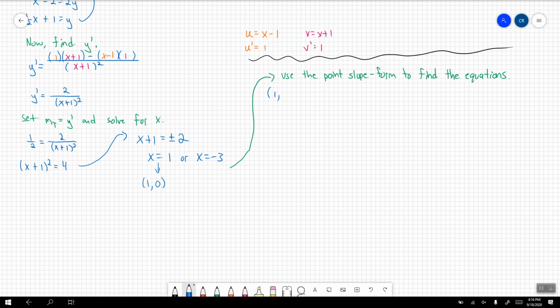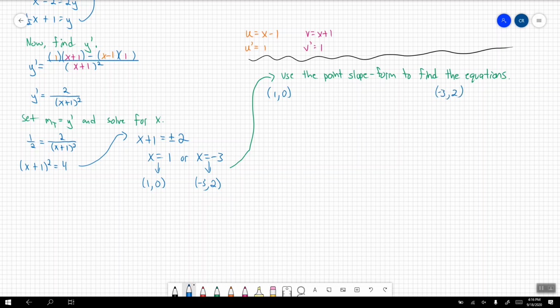What about if we plug in negative 3? Well, if we make the substitution of negative 3, then again our function value is going to be negative 3 minus 1, which is negative 4. Then negative 4 divided by negative 3 plus 1, which is negative 2. So that should be a y value of 2. So my ordered pairs here are (1, 0), and they're also going to be (negative 3, 2).